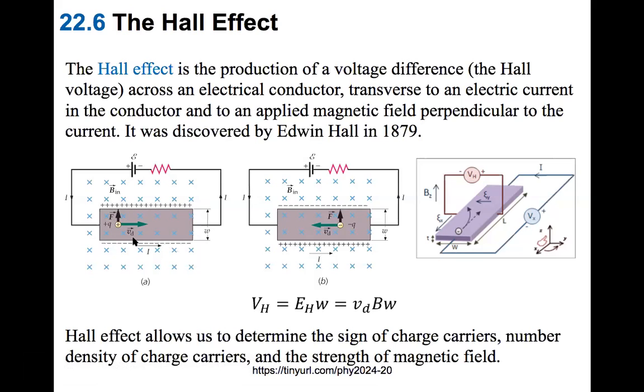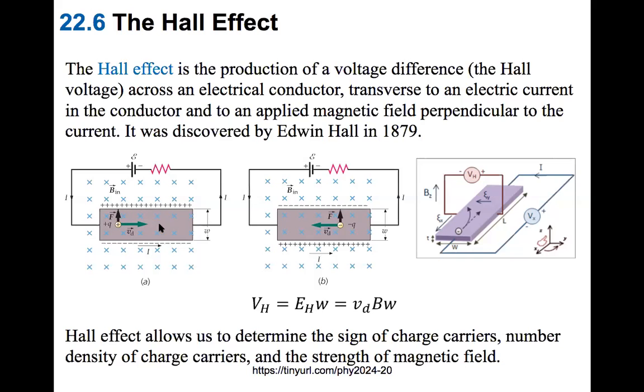So then you'll have an electric field, and the charges will experience an electric force in the opposite direction of the magnetic force. At a certain point, these two forces will balance, so there's no more increase in electric field strength going up. The electric field strength stays at a particular value.